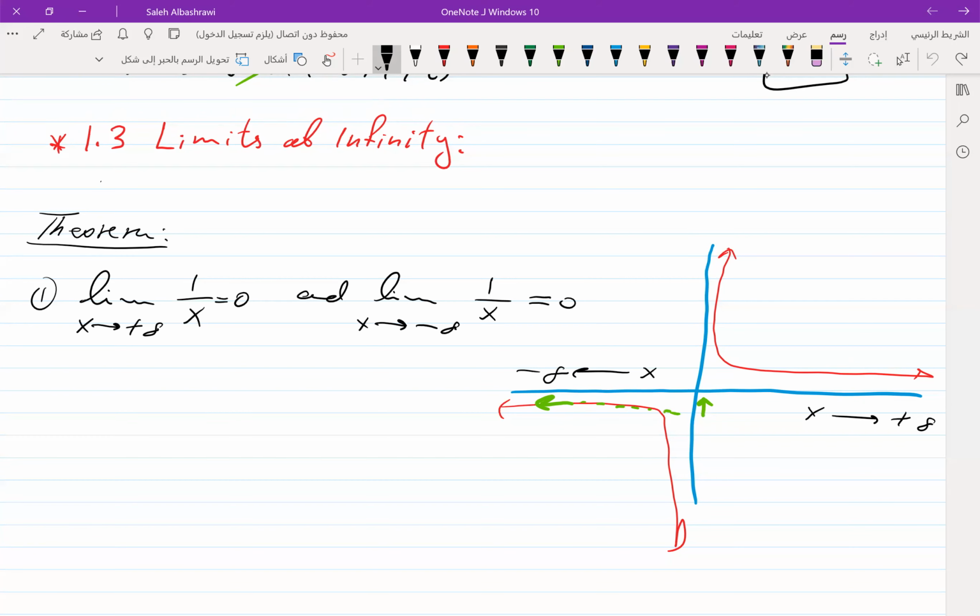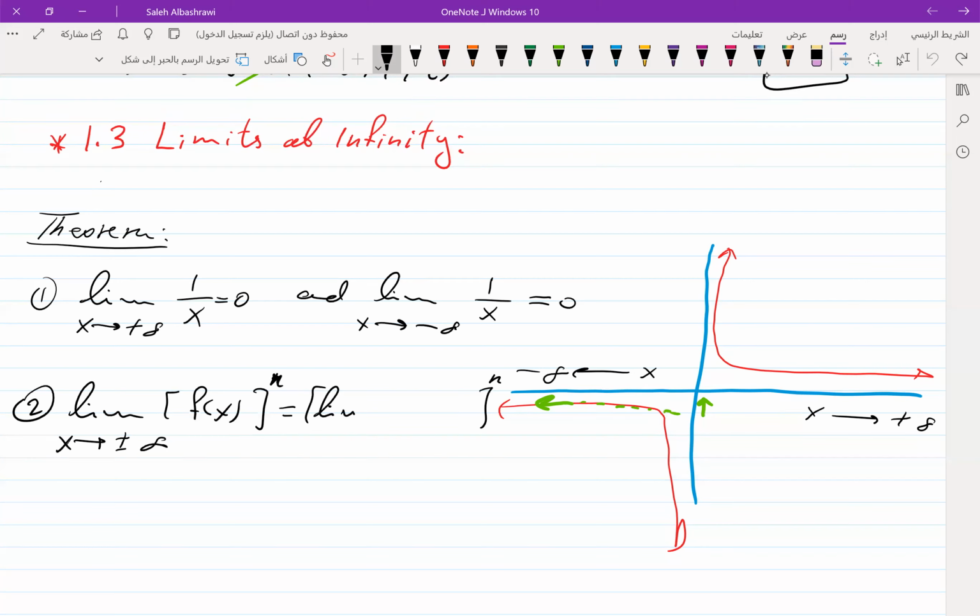The second rule that will be used in this topic: the limit of a function f of x to power n as x goes to either plus or minus infinity, we can take the limit inside.